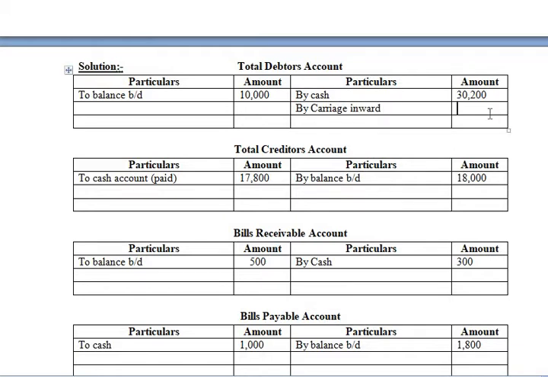So carriage inward, and what is the amount? 600 rupees. So 600 rupees, and next, where will the other entry be?